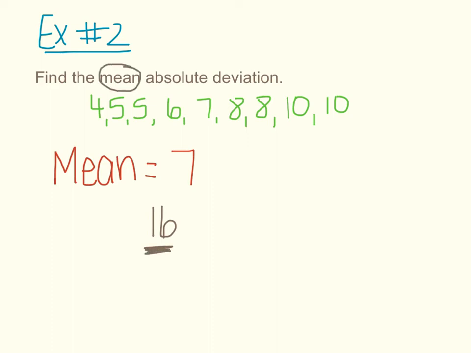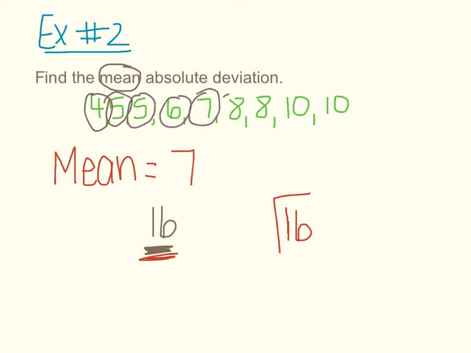mean. So all we do is we take 16, the sum. It's just like finding the regular mean, where you have to add up all the numbers and divide by how many there are. Well, we've already added them up. We've already gotten 16. Now we just divide by how many numbers there are. There's 1, 2, 3, 4, 5, 6, 7, 8, 9 numbers.